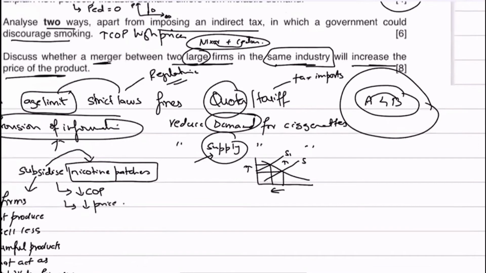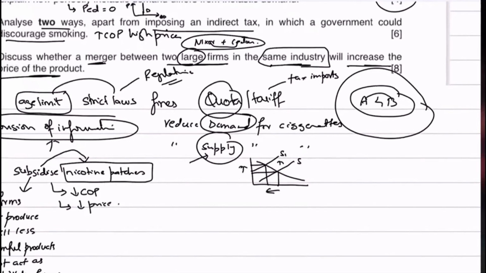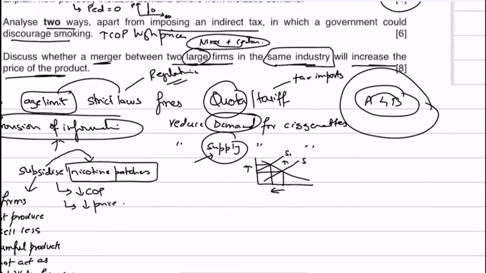So the question is asking, discuss whether a merger between two large firms will increase the price of the product or not. So obviously, first we'll define what a merger is. It's when two firms become one firm instead of being two different competitors for each other.